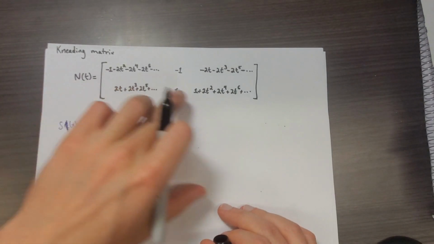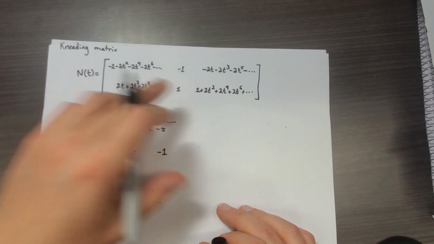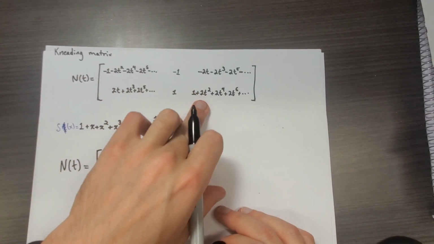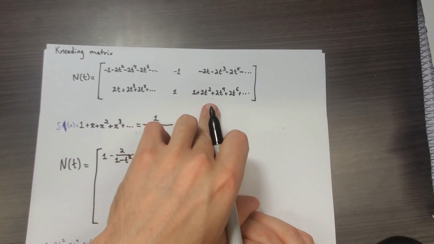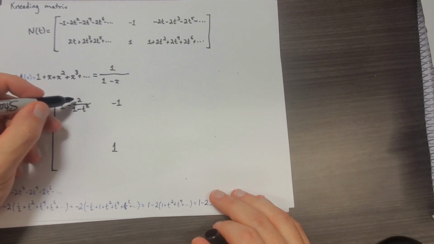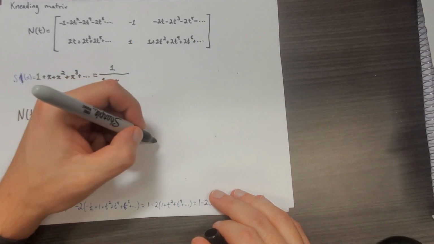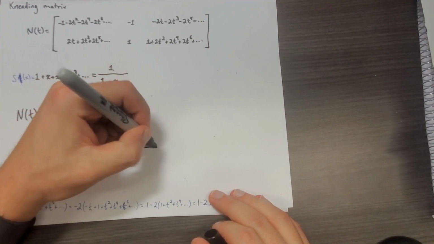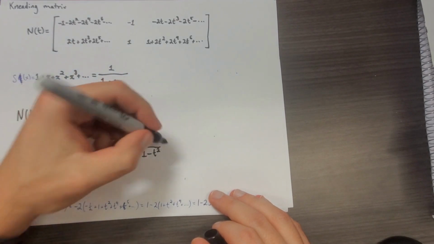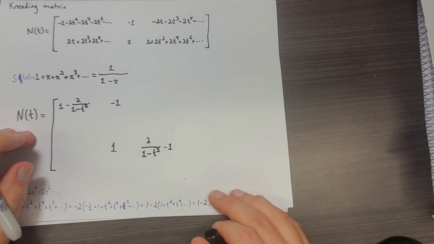This one's the negation of this. So if I get a formula that this is equal to, namely this, then I should be able to negate whatever that formula is to get a formula for this. So that's going to be 2 over 1 minus t squared minus 1.